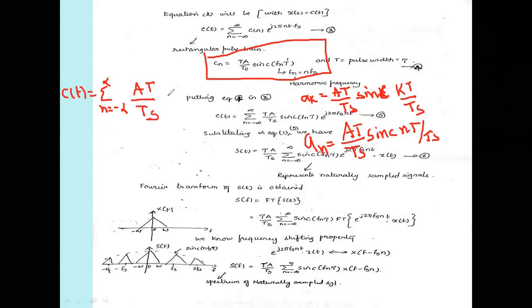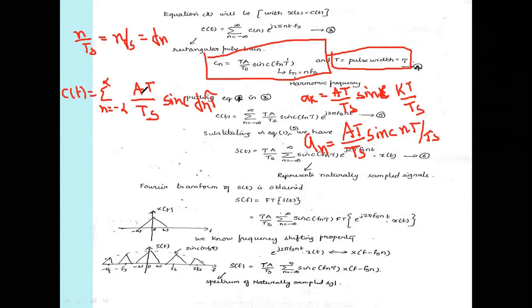Sinc Fn into T. The T is the pulse width tau only. N by Ts replaces Fn, and that T is the pulse width tau.